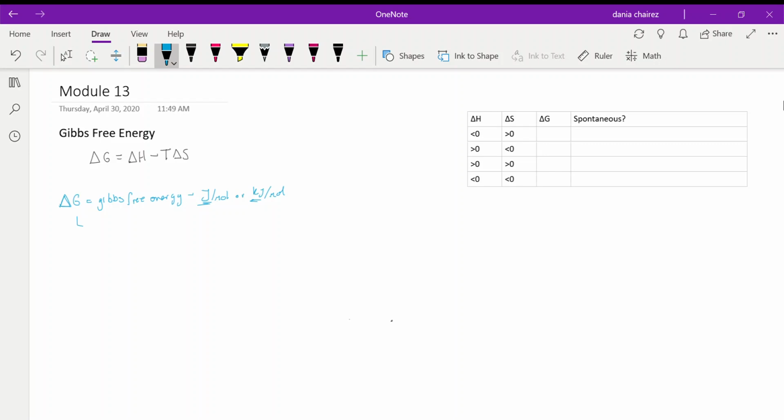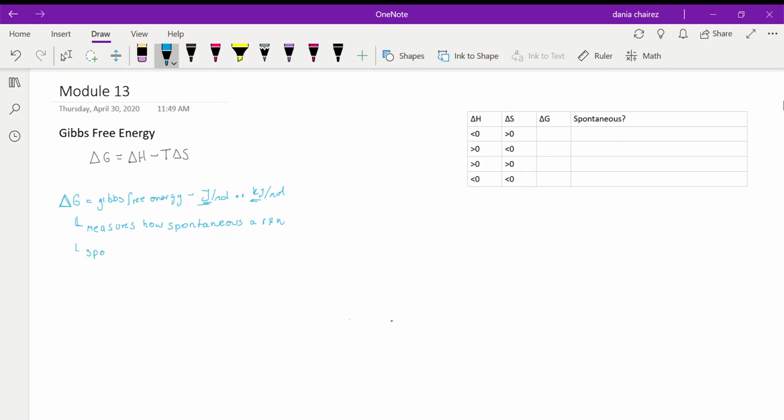So Gibbs free energy essentially measures how spontaneous a reaction is. And what I mean by spontaneous is just how likely it is to happen.